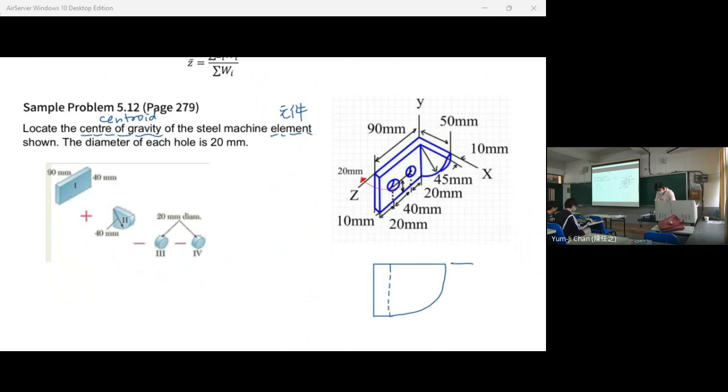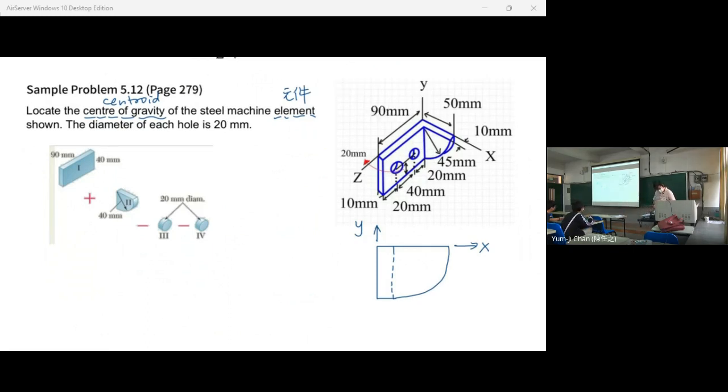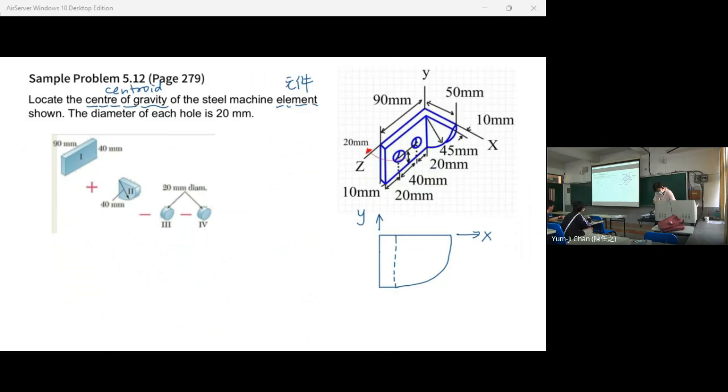If we look at it from this side, it looks like this.